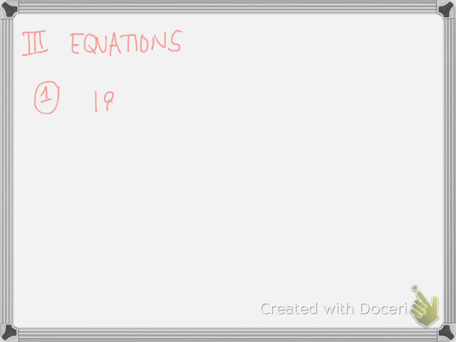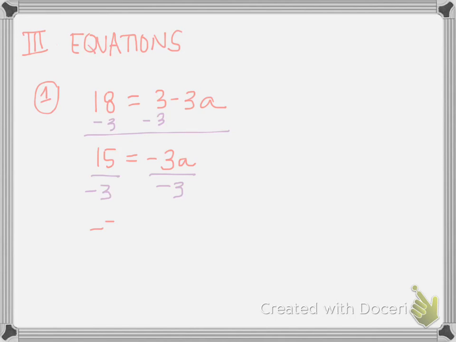Okay, so if I was to solve 18 is equal to 3 minus 3a, then the first thing I would do is I would subtract 3 on both sides, so I would get 15 is equal to a negative 3a, and then here I would divide both sides by negative 3, so negative 5 is going to be equal to an a. So a is going to be equal to a negative 5.